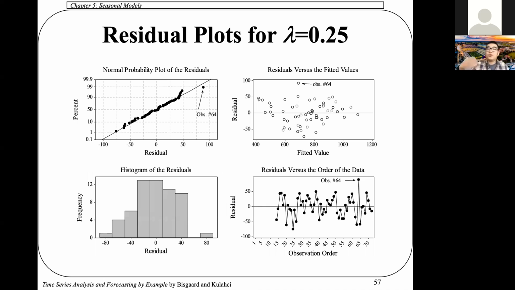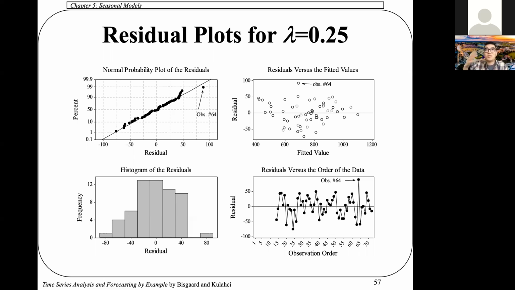And you can obviously further do this outlier analysis. For example, in this graph, it seems like observation number 64 is an outlier. 64 here, 64 here, 64 here. So how about we throw away 64 to 72 and only use the first 63 observations for further analysis.